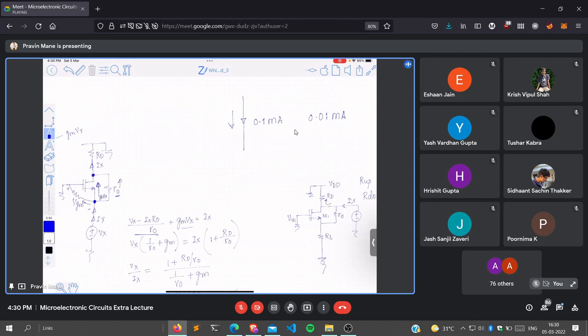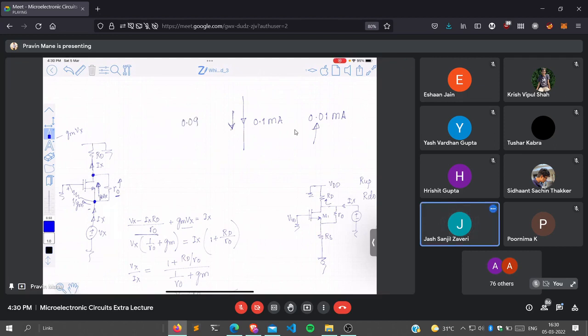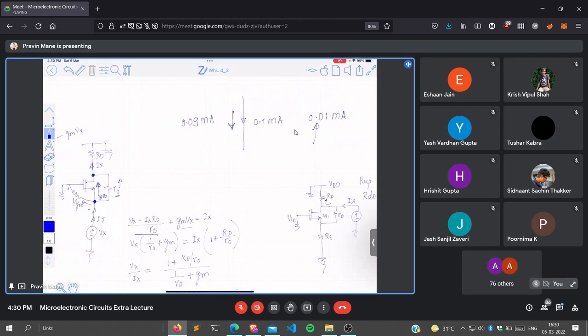And if the AC current reduces by 0.01, the same current will become 0.09 milliampere. So in both cases, current is flowing down. But when I talk in terms of only AC current, I say that the current flows in the upward direction. Understood?